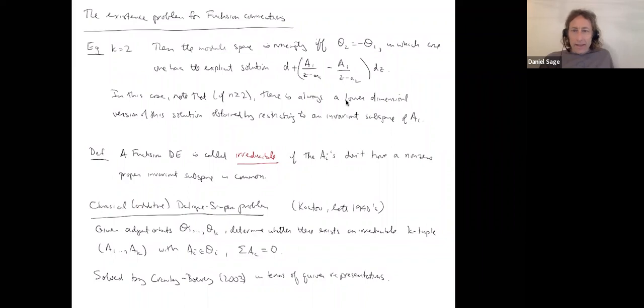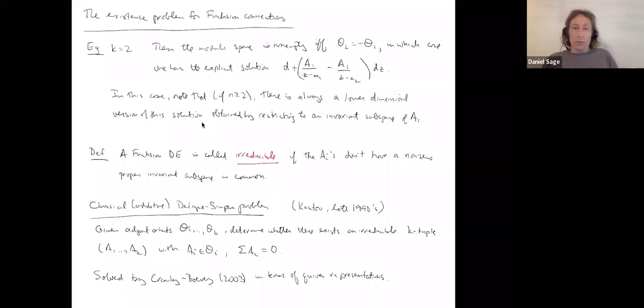So notice in this case, if n is greater or equal to 2, there's always a lower dimensional version of this solution obtained by restricting to any invariant subspace of A1. For example, take an eigenvector of A1. Well, of course, that's also an eigenvector for minus A1. So we can reduce to that one-dimensional space, and now we've got a solution to the analogous problem in this one-dimensional space.